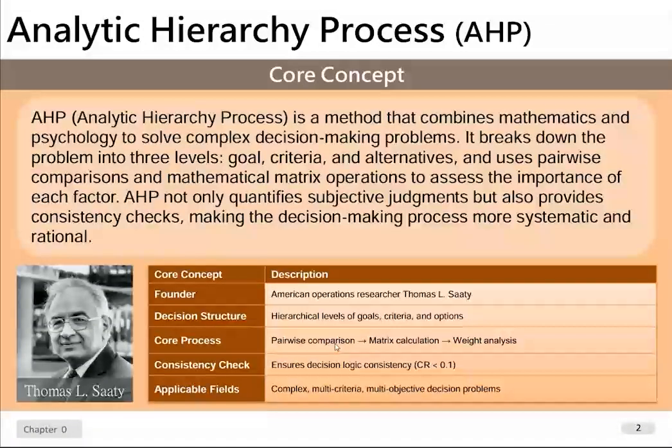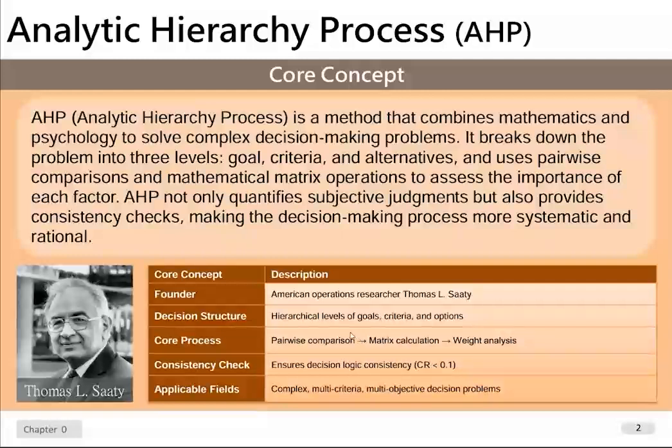So you have to compare them two by two: price versus the volume, and the volume versus the look, etc. Using this way to get the final decision. That's pairwise comparison.